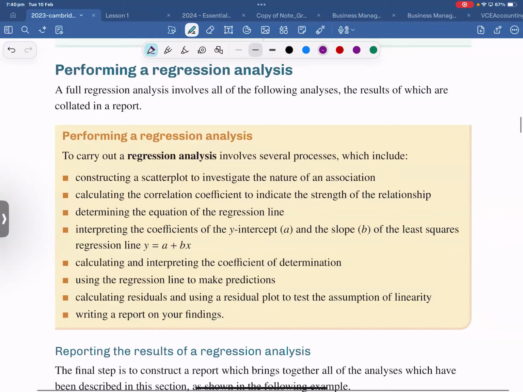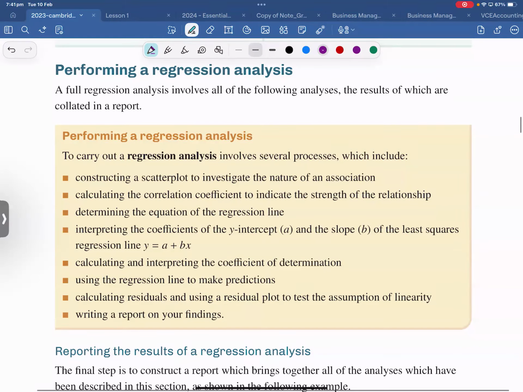What else? Before that, categorical and numerical data. Yes, you are correct.